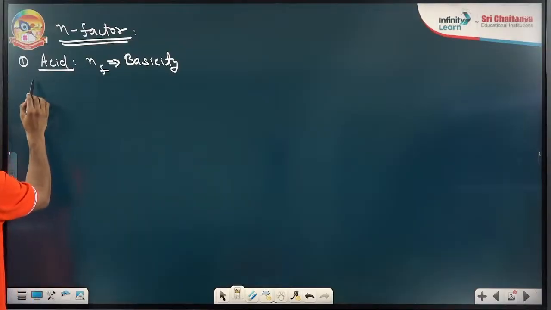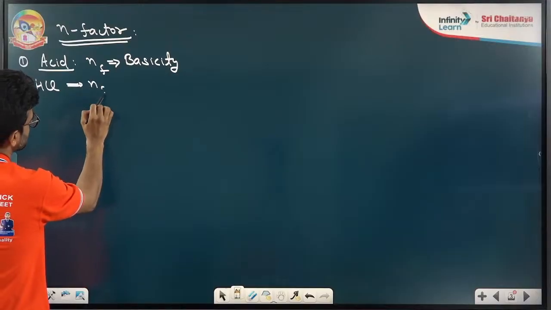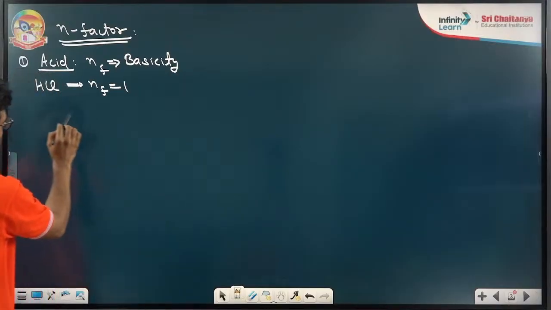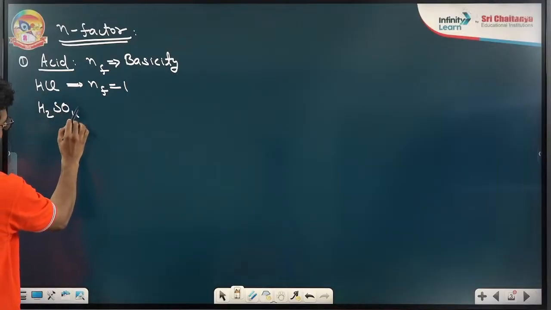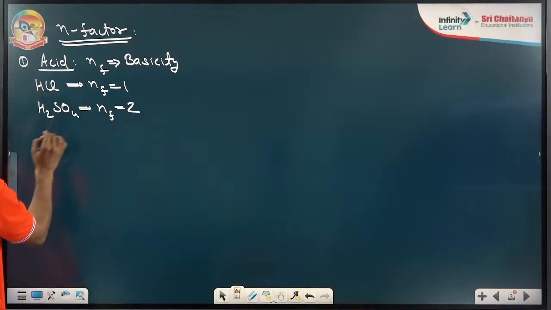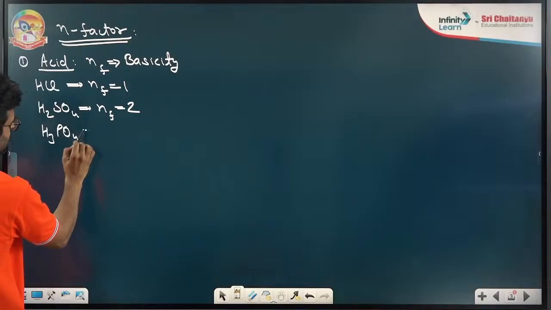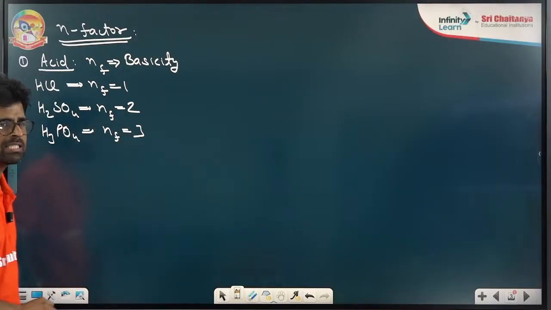For example, HCl can give 1 H plus ion. H2SO4 can give how many H plus? It can give 2, so its n factor is 2. If I talk about H3PO4, it can give 3 H plus ions, so its n factor is 3.